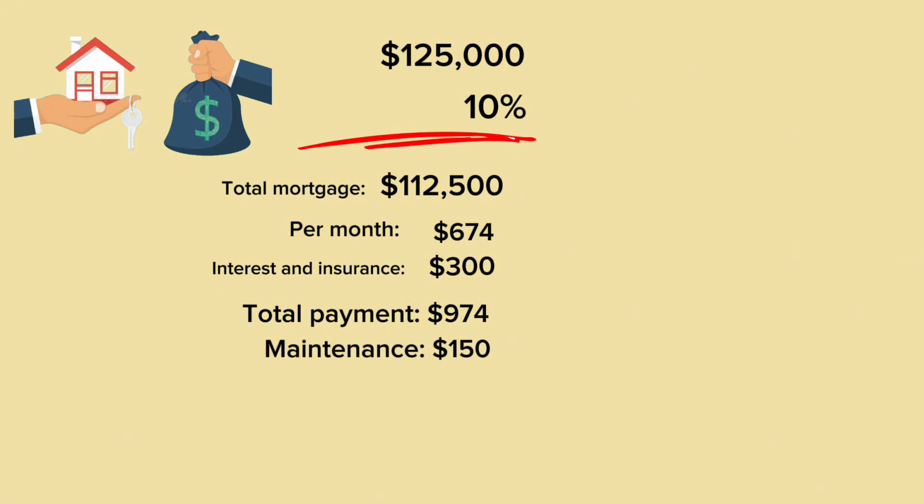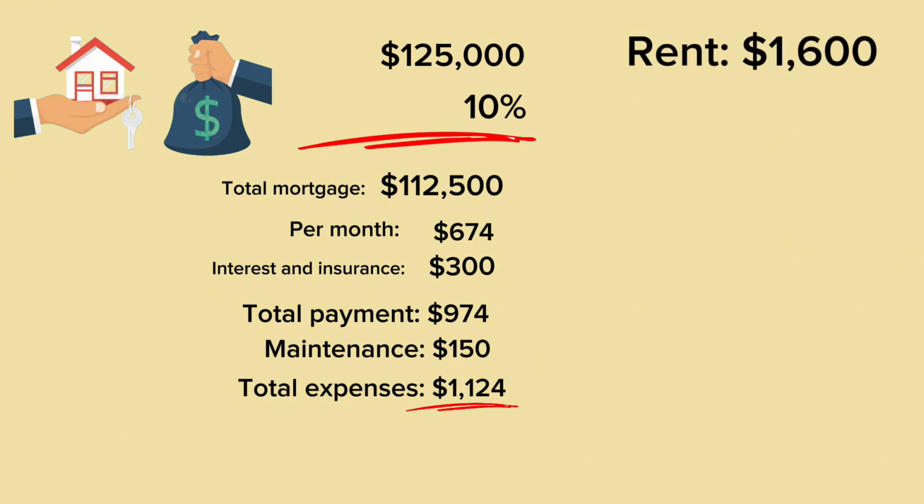So that's going to be $1,124 in total expenses a month. With the repairs of $150, your total expenses now are $1,124 exactly.